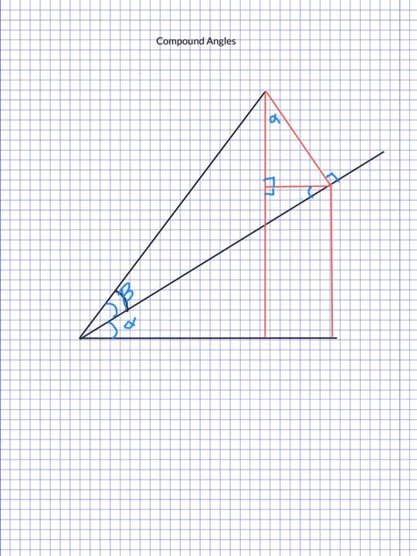I'm going to start color coding these lines just to make it nicer for us. Let's call this line segment A, and we're going to make it green. This line segment here we're going to make purple, and we'll call that B. For C we'll do this side right here, and we'll make it blue.